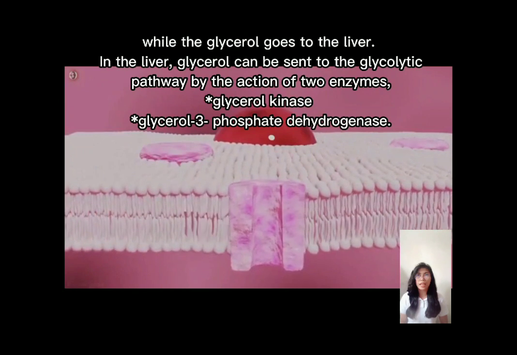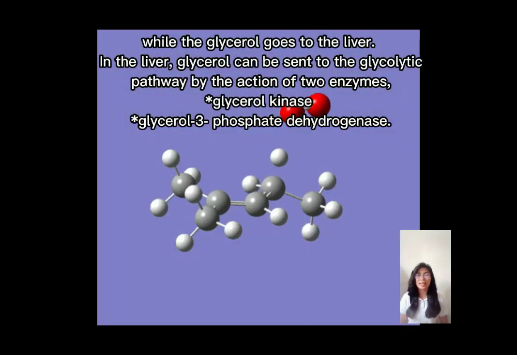liver. In the liver, glycerol can be sent to the glycolytic pathway by the action of 2 enzymes, glycerol kinase and glycerol 3-phosphate dehydrogenase.